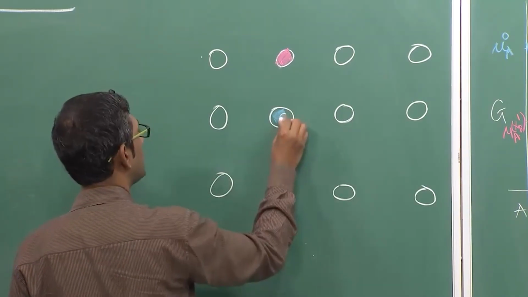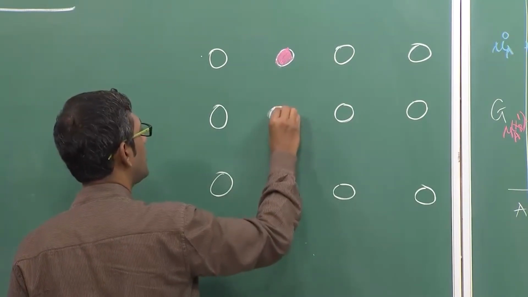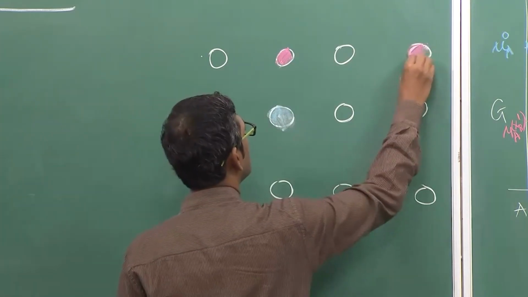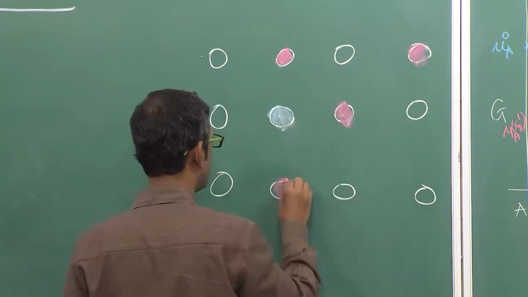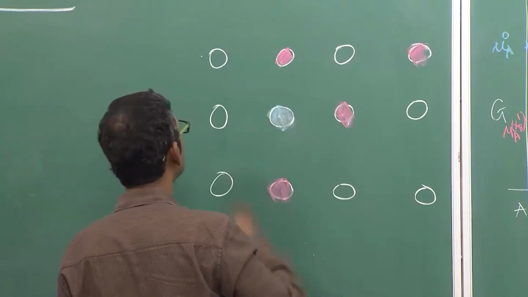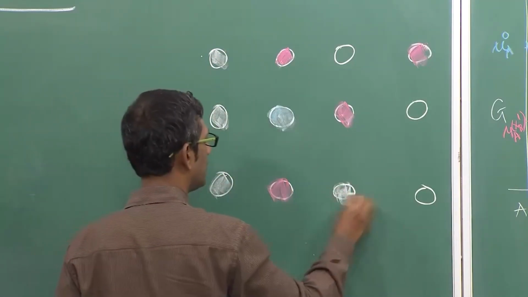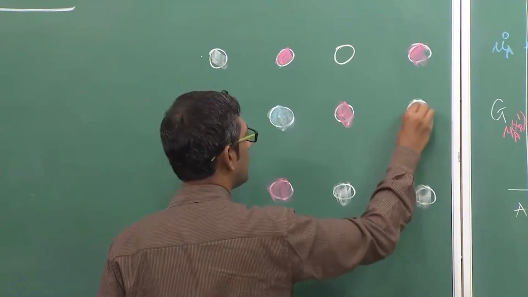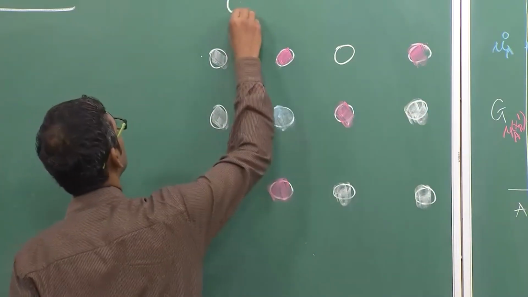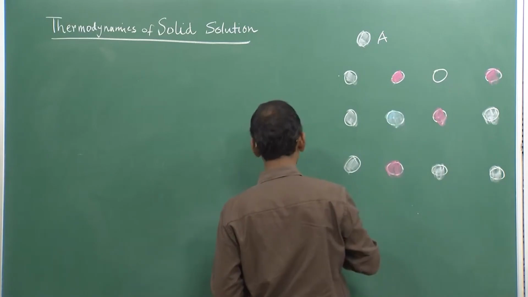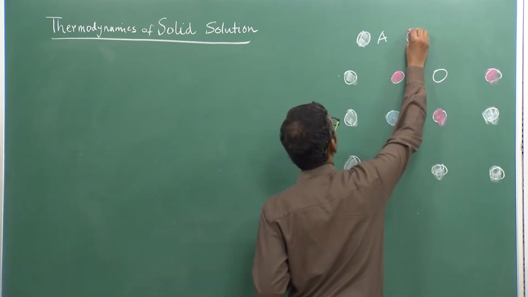Let us put it white so that you can see it. So I do it for many. So these are all A atoms. For your understanding, let me write at the top, this I call A atoms and this I call B atoms.